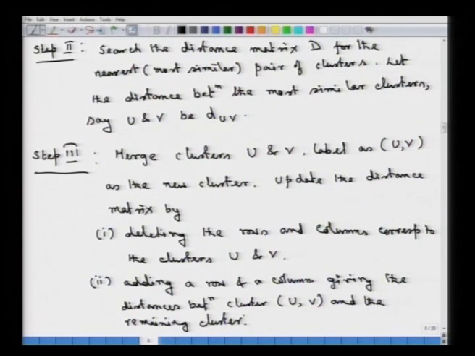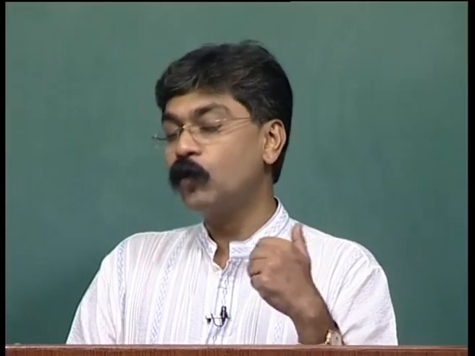So, this is what I have already explained: those do not have any presence of uv, because u and v have been merged. So, the distances corresponding to the separate identities u and v have to be deleted, and then another row and column needs to be added, because we now have a new identity, which is the merged identity of the u and v points.